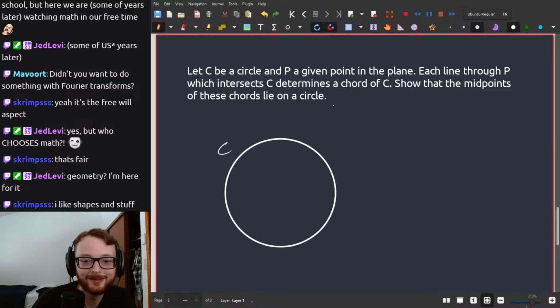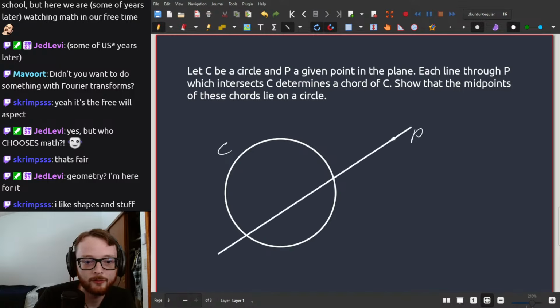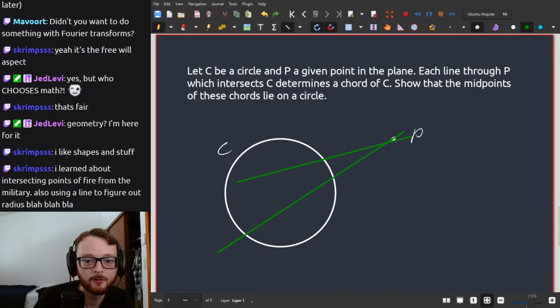Let's just say P is right here. Then I want a line. Any line through P in this circle. So let's draw a few lines. I should make this a different color. We'll maybe just take 3 of these lines.